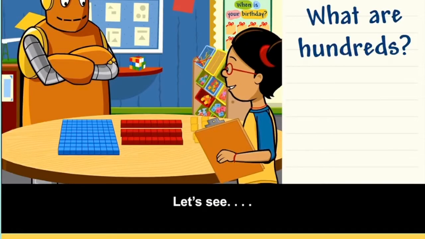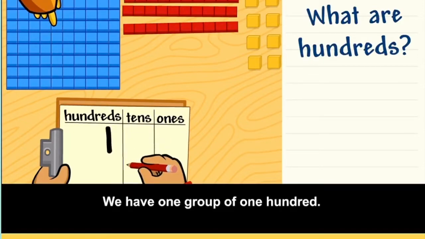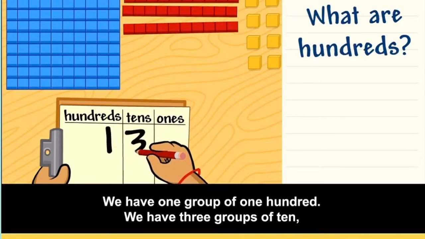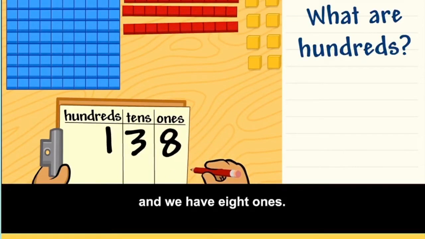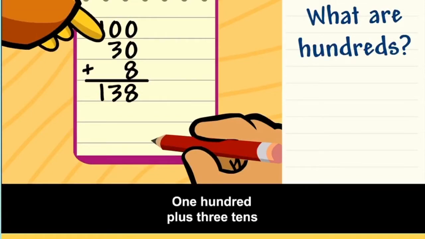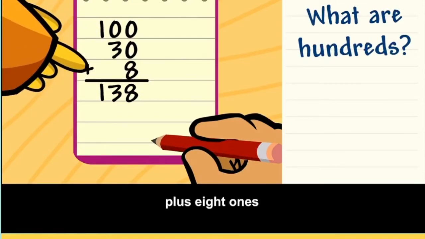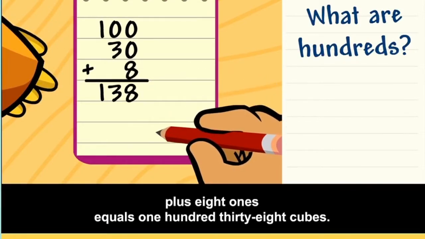Let's see. We have 1 group of 100, 3 groups of 10, and 8 ones. 100 plus 3 tens plus 8 ones equals 138 cubes.